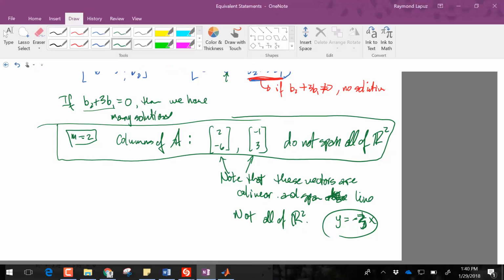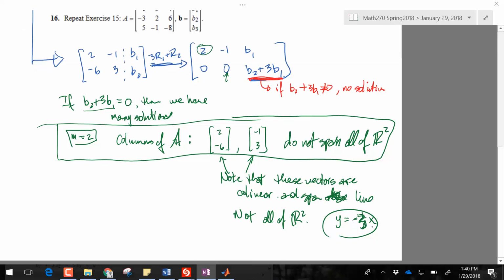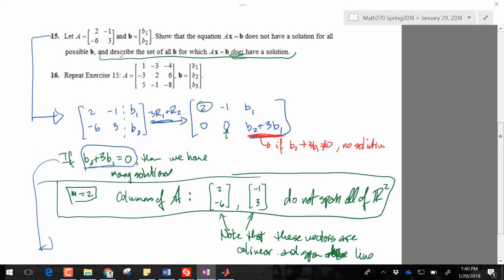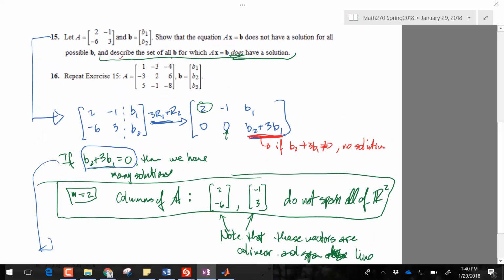So another way to try to get this equation is to take a look at your solution or your possible solution. So let's try to, in the second part of this question, describe the set of all b's for which this has a solution.